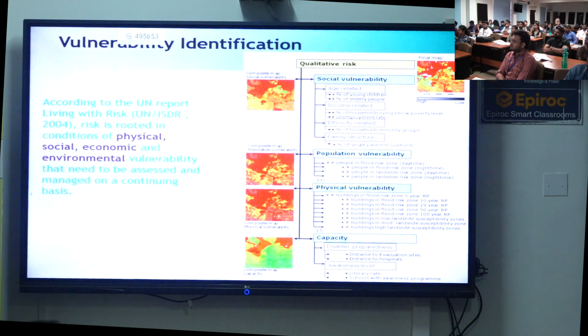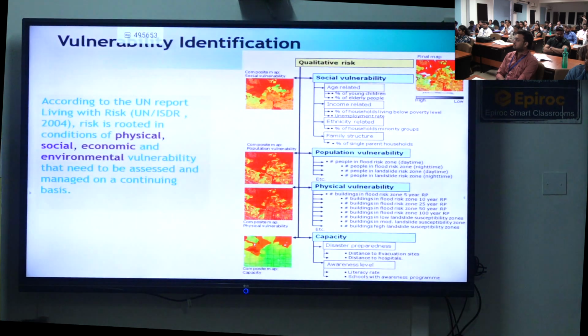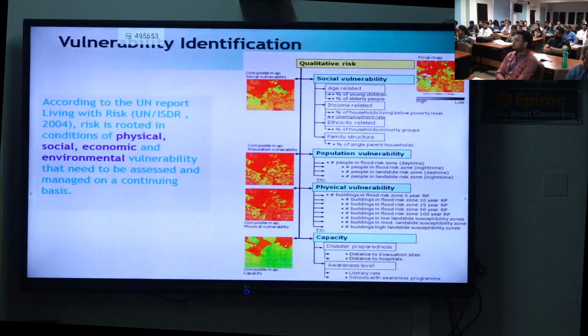So age related: percentage of young children, percentage of elderly people, and when you are estimating the risk, this would be useful as well. Some societies like Japan have an aging society. That means it's an alarming situation. The birth rate is so low, I think 0 point something now.